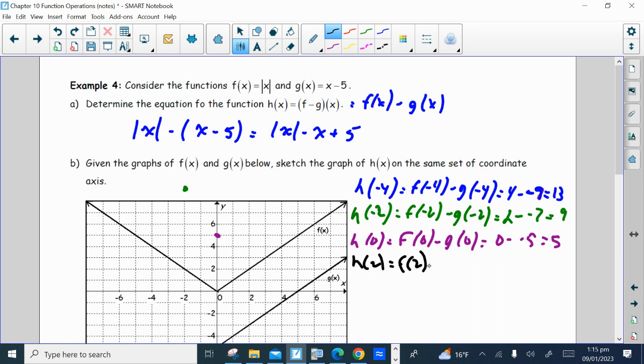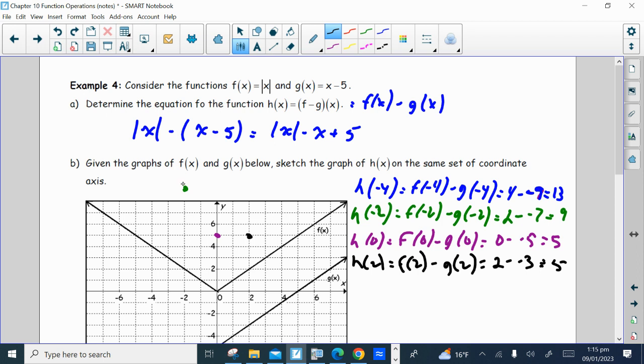That'll be f at 2, take away g at 2. F at 2 is 2, minus g at 2, which would be negative 3. The minus becomes a plus, and we get 5 there. So point 2, comma, 5.